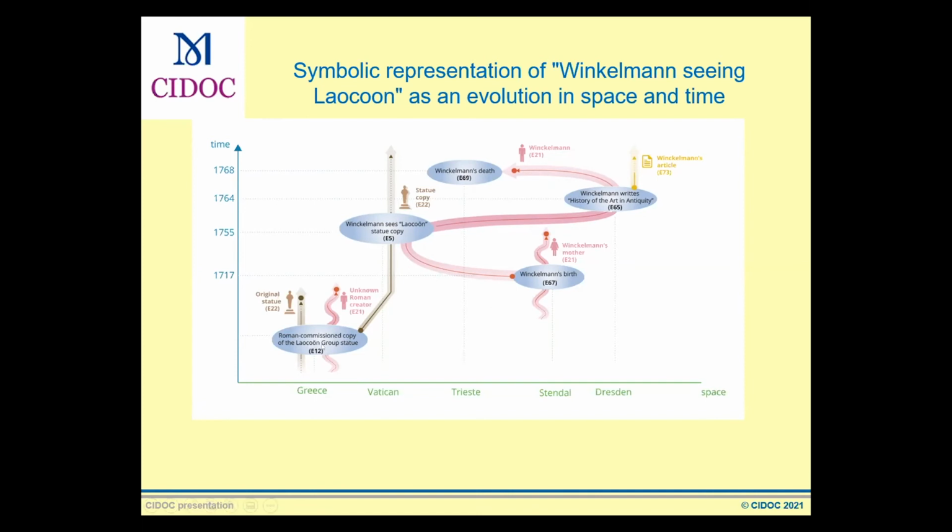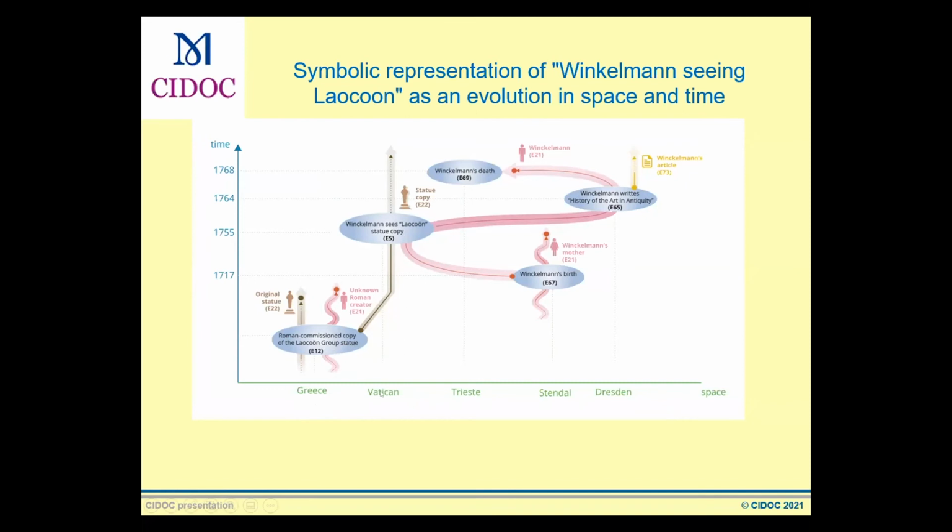So we have the original Greek statue, we have the Roman copy of it, then we have this chap Winckelmann seeing the Roman copy and using that to form his ideas about how art had been used in antiquity, how people copied it. And across the bottom of the diagram, we can see the different places that these things happened. So the original Greek statue was made in Greece and then copied either in Greece or Italy.